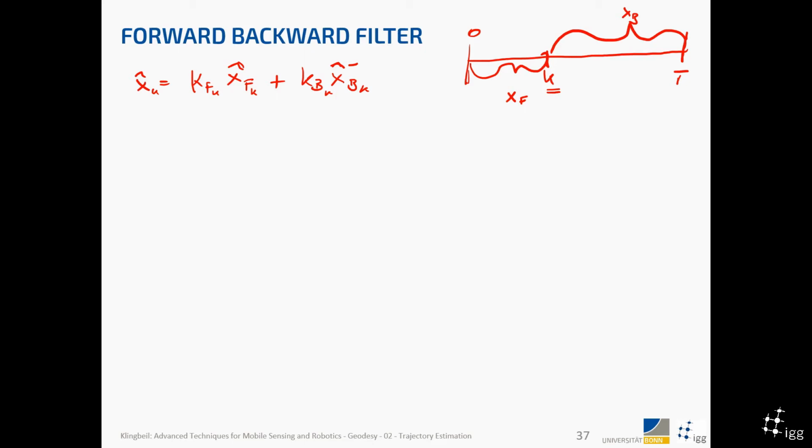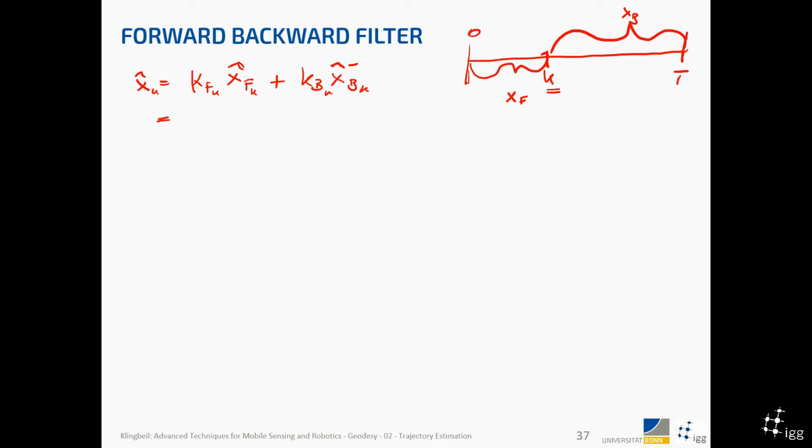So here, coming from the forward filter, this is the estimate after using the measurement at time k. And in the backward filter, this here is the estimate before using the measurement at tk. That ensures that we do not use the measurement at time k twice, because this wouldn't be valid, because they have to be independent.